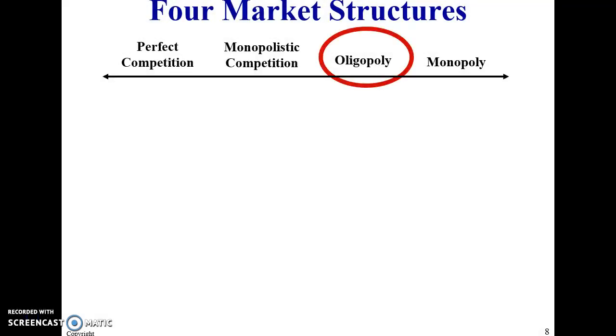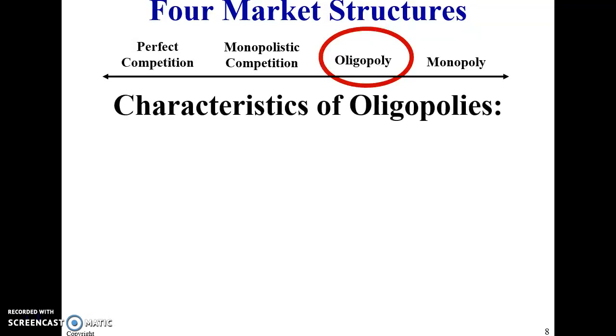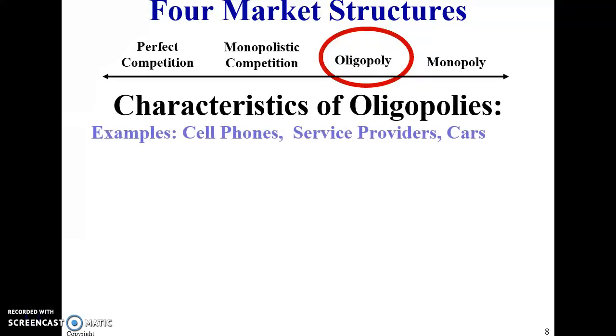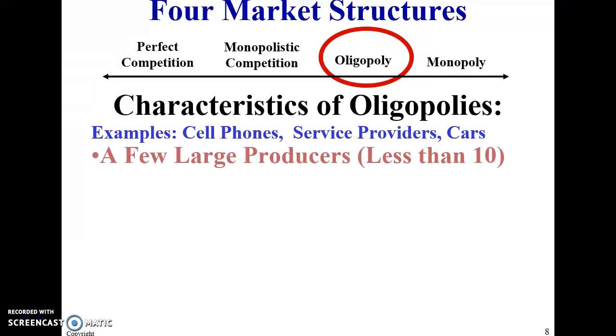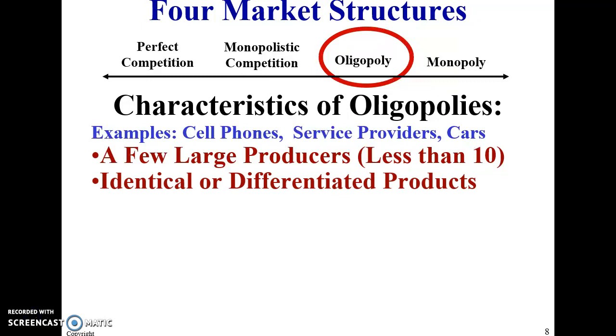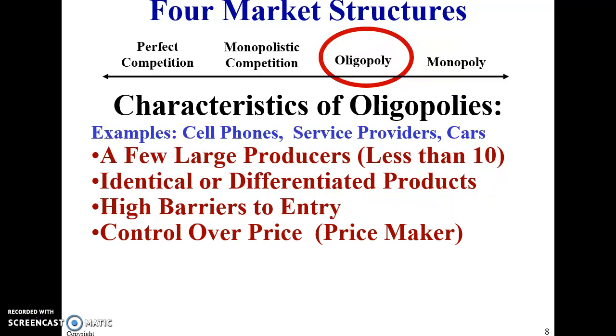Oligopoly is the rule of a few, from the Greek, and examples of oligopoly are the cell phone providers and the car market. They have a few large producers. Generally, there are less than 10 firms in this industry. Their products are pretty similar, but they try to differentiate them. There's typically very, very high barriers to entry. You just can't start a cell phone company out of the blue. And they have control over price.